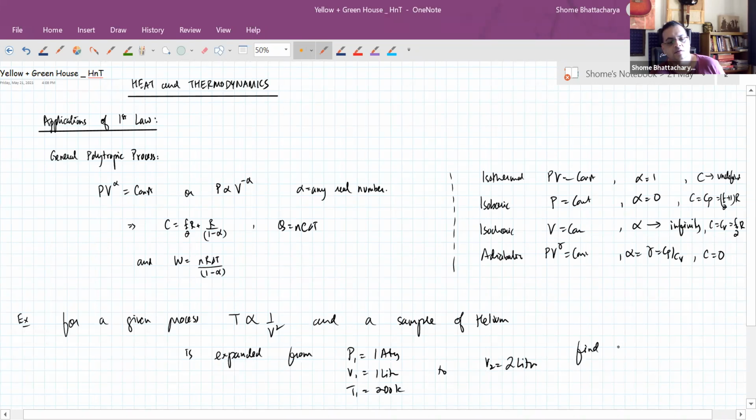So we want to find the pressure and temperature in the final state, and we want to find out Q and W for this. You'll see that you can approach this like an indirect application of the polytropic process. Just try out this question.